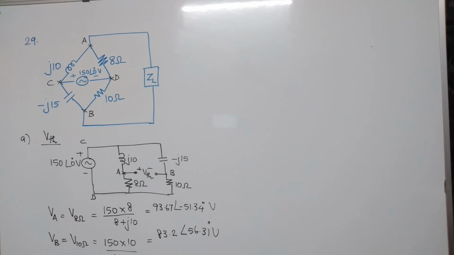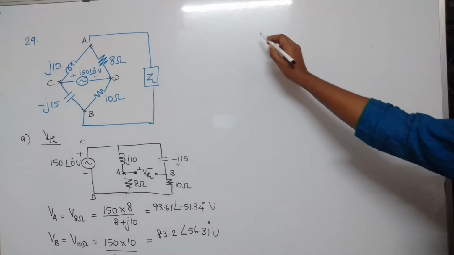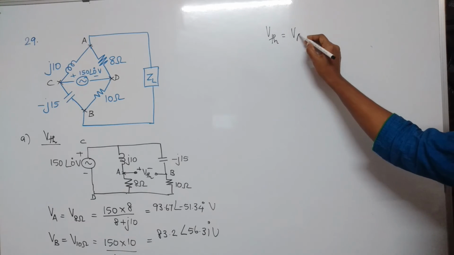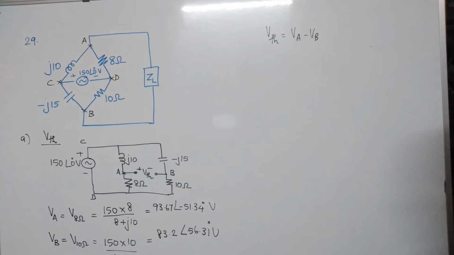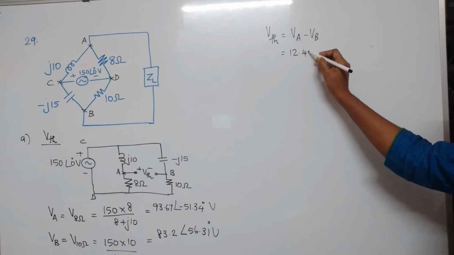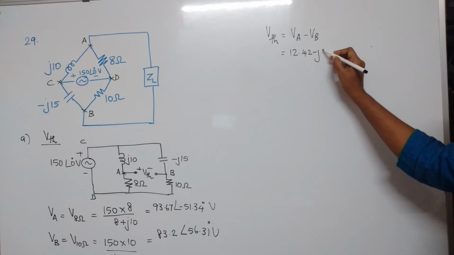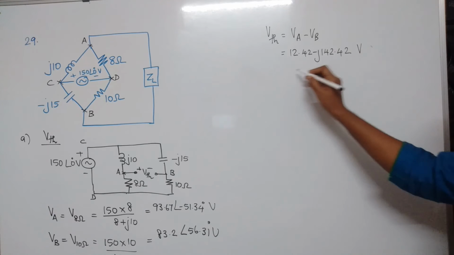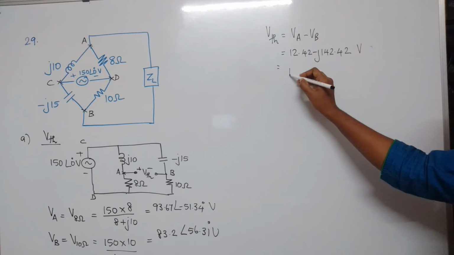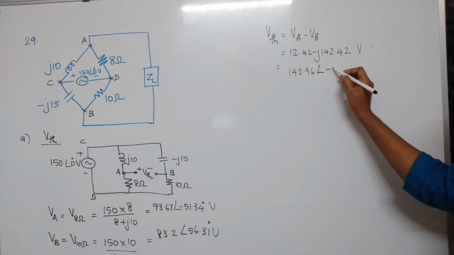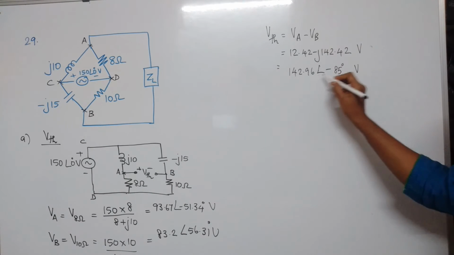Now we can find out VTH. VTH is the difference between these two, right? So VTH is VA minus VB. We have VA and VB, and on simplification we will get it as 12.42 minus J142.42 volt, or in polar form it will be 142.96 angle minus 85 degree volt.